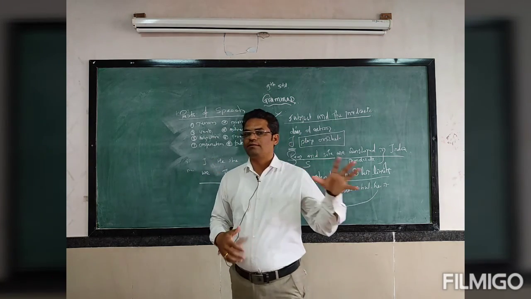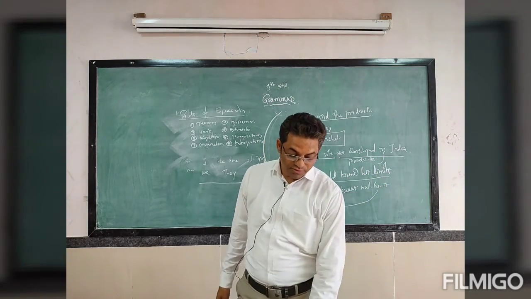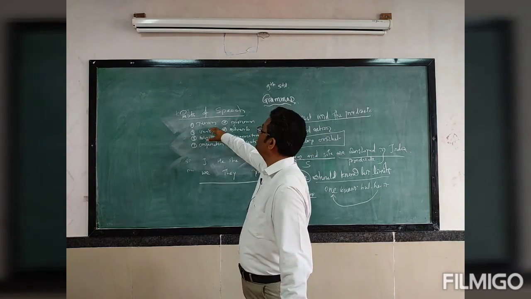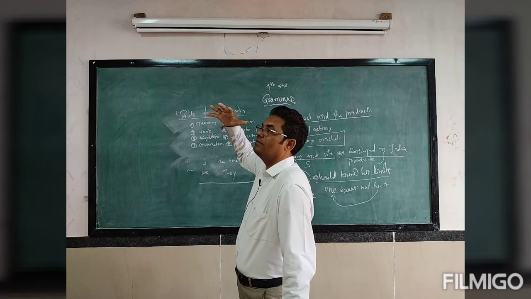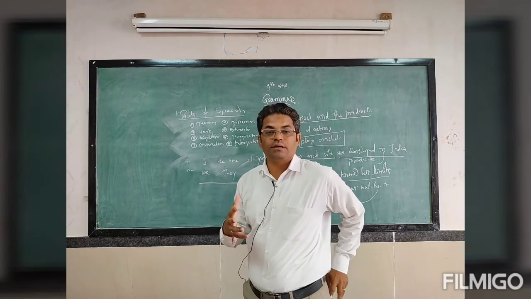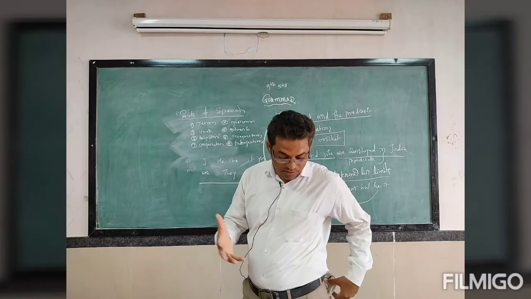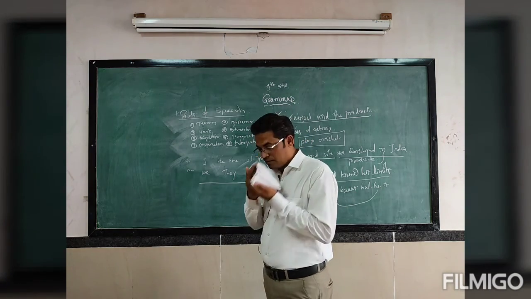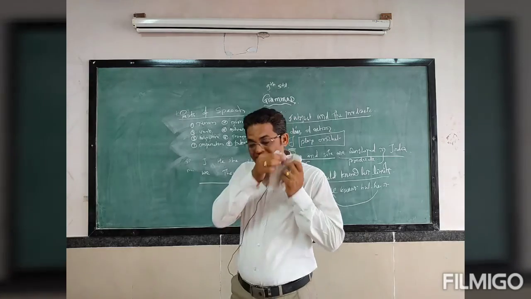These are the parts of speech. So these are the topics that I have told you. There are subtopics likewise: kinds of nouns. What are the types of noun? Proper noun, common noun, collective noun, and abstract noun. Then there are types of pronoun.